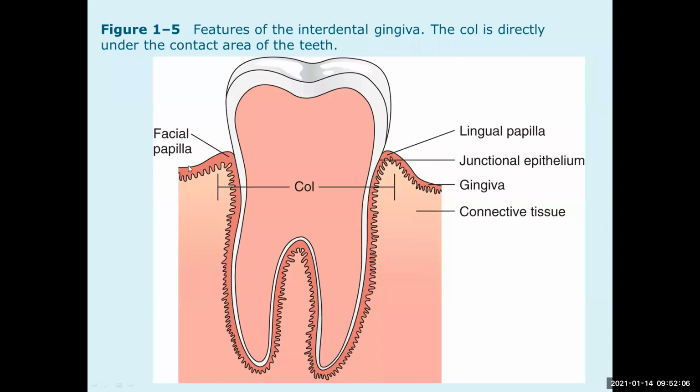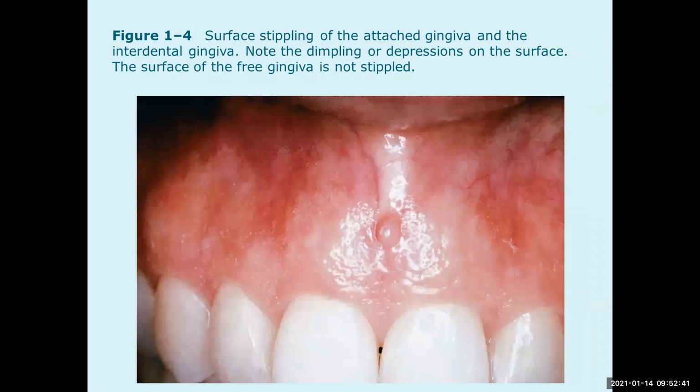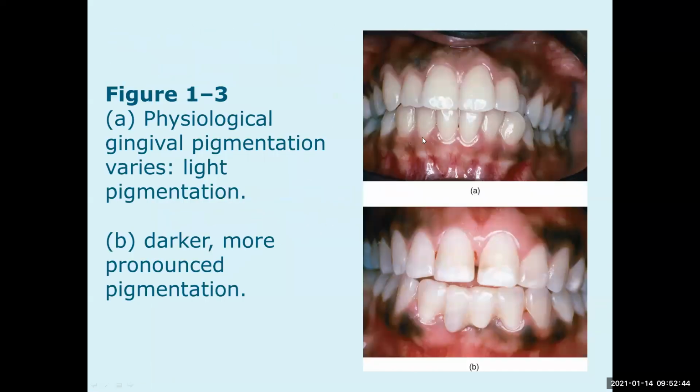So again, we're taking measurements, we are determining what type of embrasure space the patient has, type 1, 2, or 3. And as you're going to learn, if the patient has anything other than a type 1 embrasure space, now what is a type 1 embrasure space? It fills that embrasure space. A type 1 has the papilla filling the embrasure space.